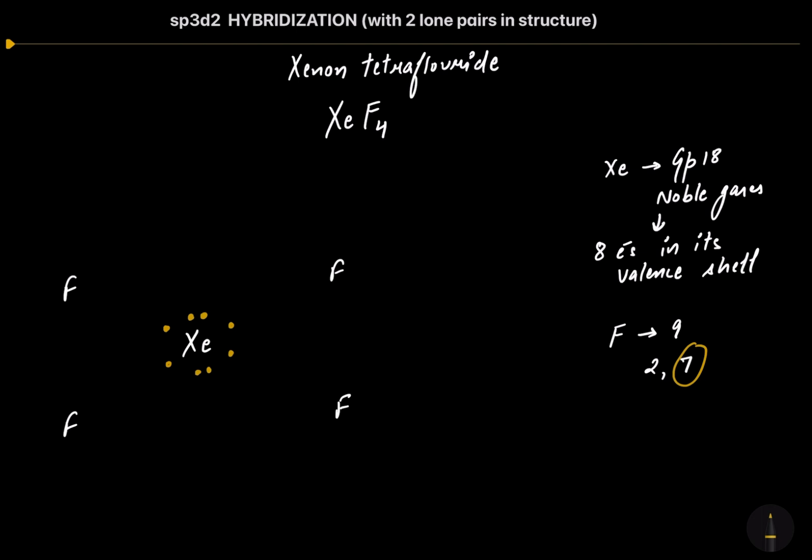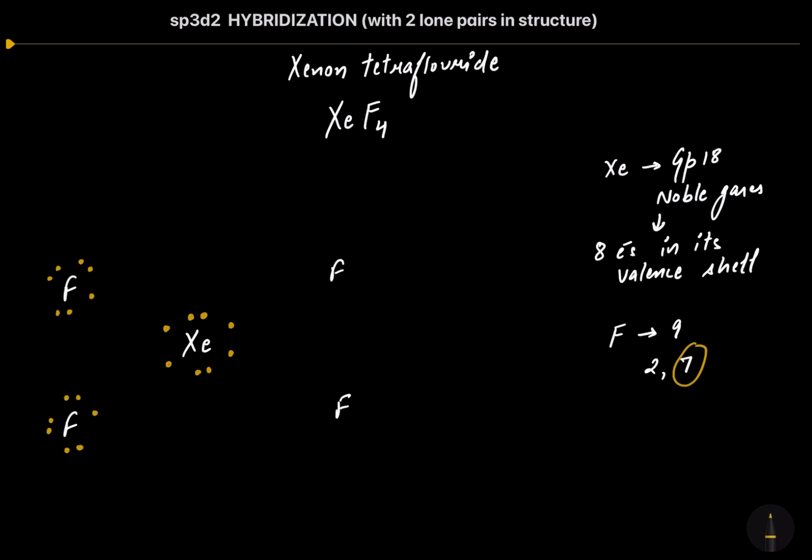So I'm marking the electrons for the first fluorine. That's the first electron, second, third, fourth, fifth, sixth, and the seventh electron. Now let's come to the second fluorine, and mark its seven electrons.